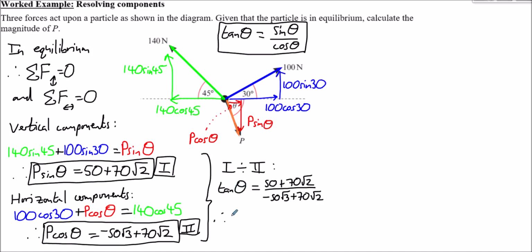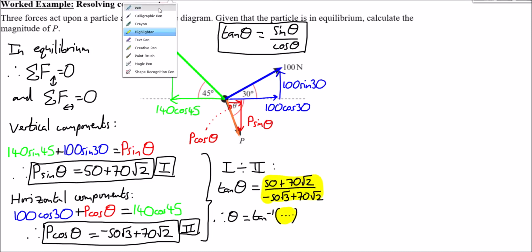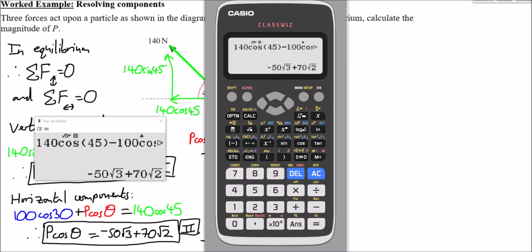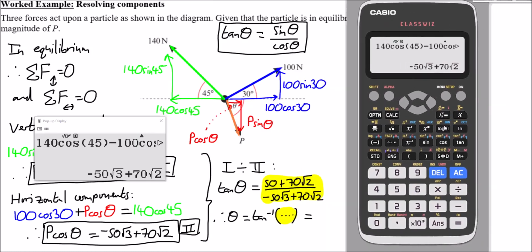So therefore theta will be tan minus 1 of that absolutely awful stuff. To be honest, I can't be bothered typing it all out, so this awful stuff would just mean all of this mess here. So let's work out what that is. These questions can be ugly, like you're probably spotting here. So I've got this here, which is the denominator. I'm going to leave that as it is.